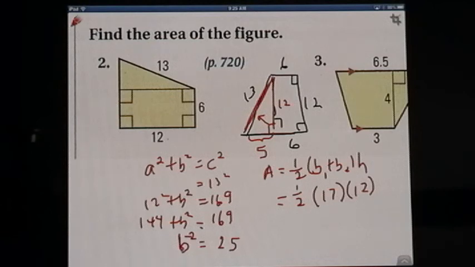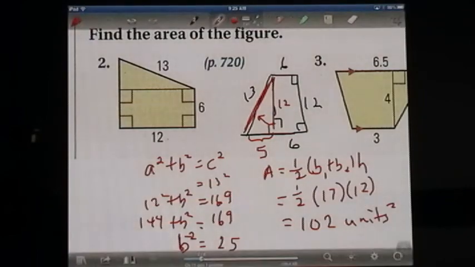You could use 0.5, or you could say 1 divided by 2, and you'll get 0.5. 0.5 times 17 times 12 gives us 102, and that's 102 units squared.